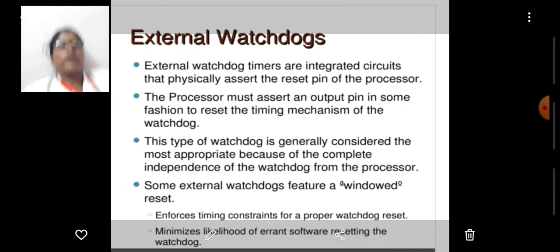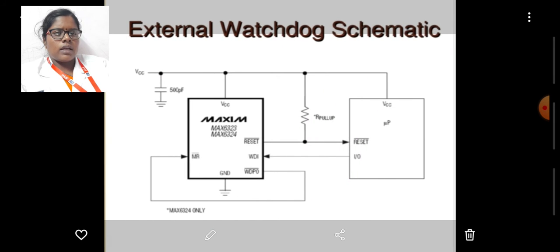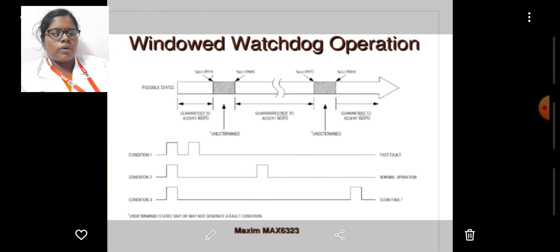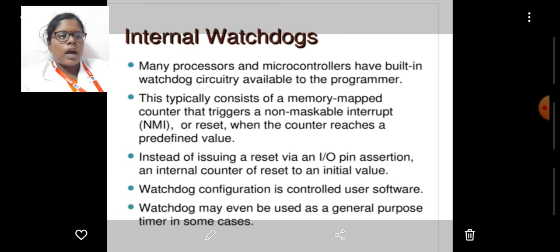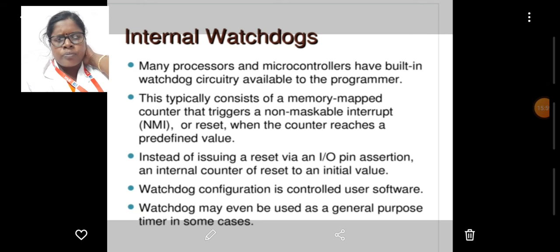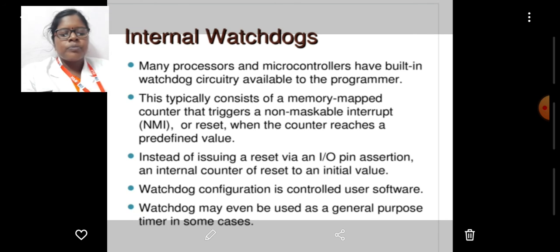Then we have seen about the external watchdog, how it works, the types of watchdog, the features of windowed reset, and the external watchdog schematic. Then we have seen the windowed operation, the time response for windowed operation, watchdog operation, and internal watchdogs.